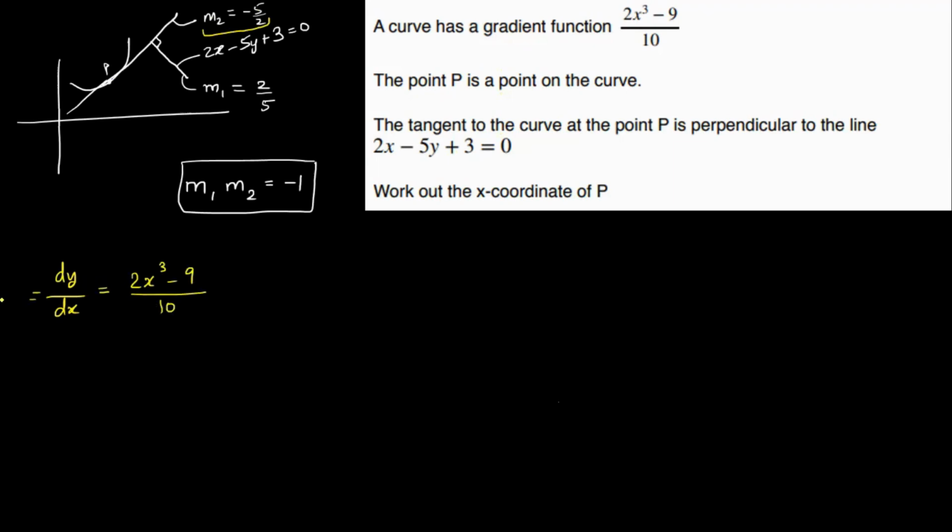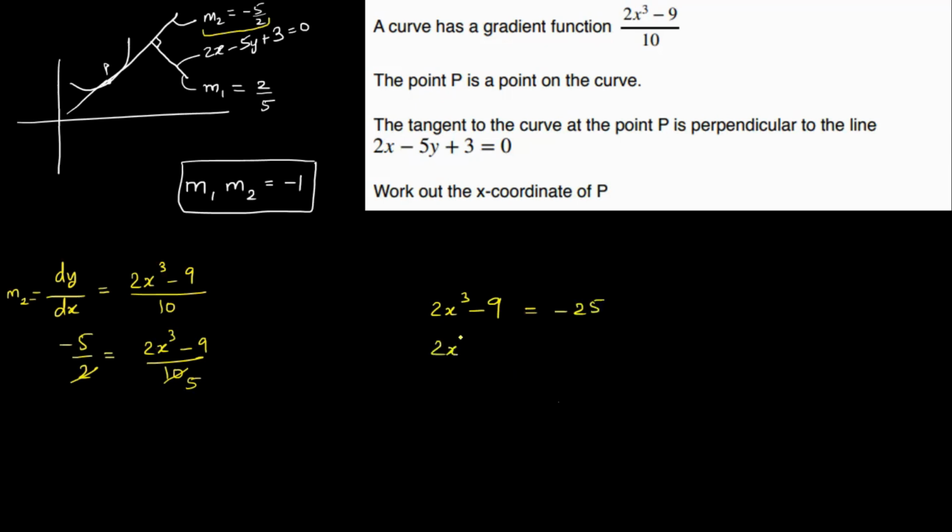This is the gradient of the tangent, m2, which is minus 5 by 2, so minus 5 by 2 is equal to (2x cubed minus 9) divided by 10. This gives 2x cubed minus 9 is equal to minus 25.